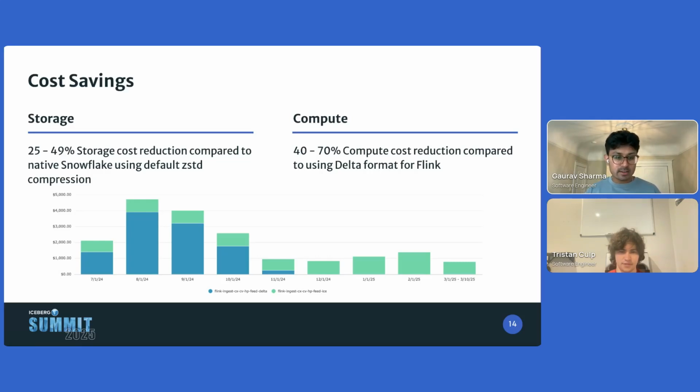This bar chart is an example event for which we have a Delta Flink job and an Iceberg Flink job writing data. And we can see a 40 to 70% cost reduction overall from switching to the Iceberg Flink application versus the Delta format one. So significant cost savings in the storage and compute aspects for the Flink application.